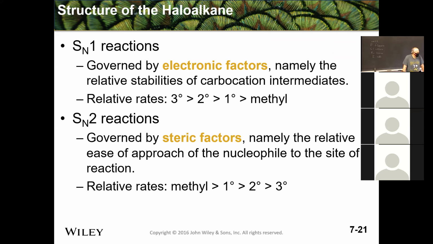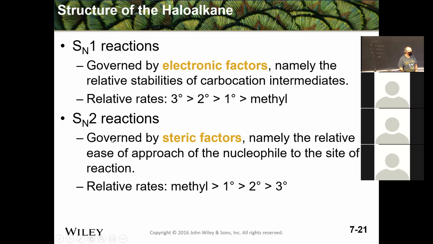Let's look at the structure of the haloalkane next. SN1 reactions are governed by electronic factors, namely the relative stabilities of carbocation intermediates. So if we're going to form a tertiary carbocation, that will react fastest by SN1. If it's a methyl carbocation, that won't react at all. That's electronic factors, how stable the carbocation is.